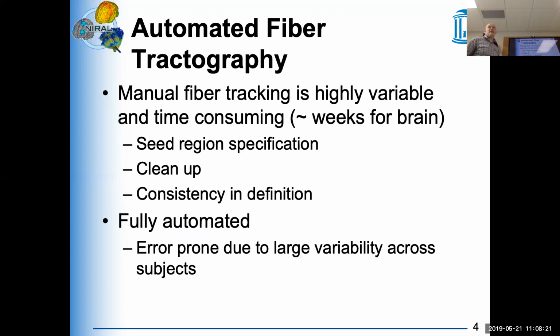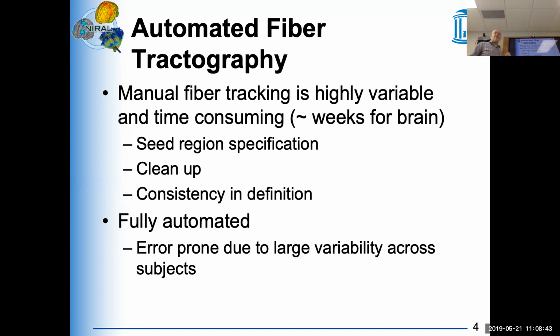Now, we're not yet there, and there's really no good method out there that does this fully automated. There are some tools that do a fully automated analysis, but you have to be willing to accept that the tracts you use for the analysis are slightly imperfect.